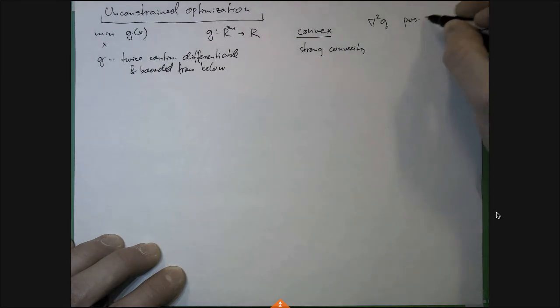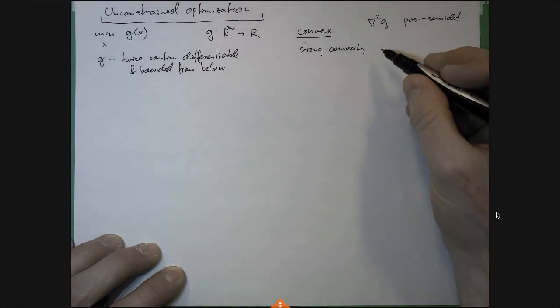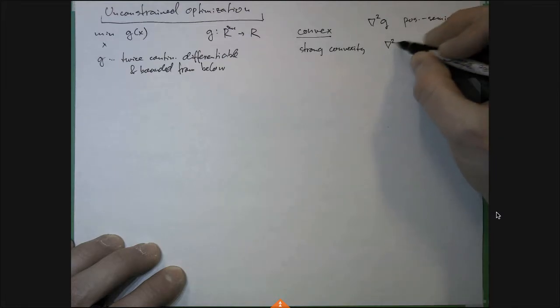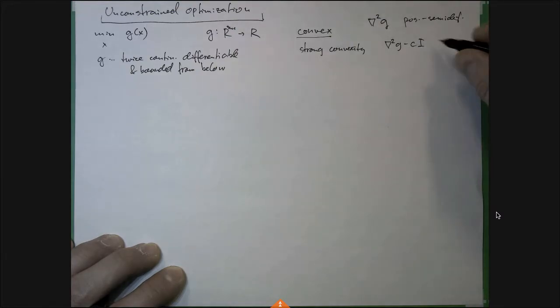And strong convexity means positive definite. The strong convexity means that there needs to exist some constant c such that even if I subtract c times identity, I will still get a positive definite matrix everywhere.